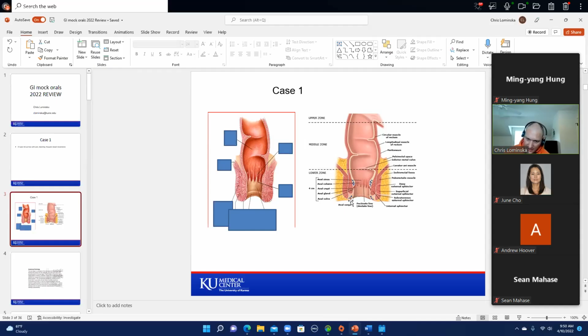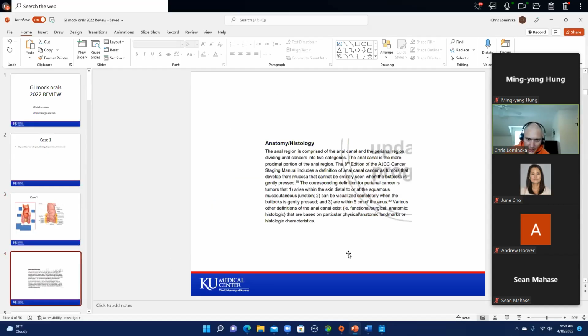I asked about the anal verge because these are terms that we throw around when we're talking about a colonoscopy or an exam, and we're not always familiar with them. This is taken from the NCCN and quoted from the AJCC. We also talk about perianal cancers, that zone proximate to the anus that is treated more like skin cancer.